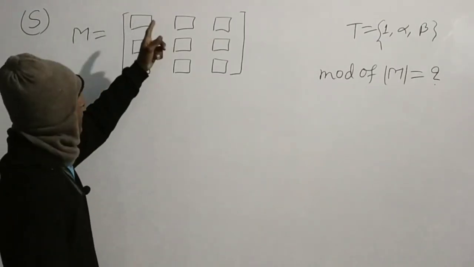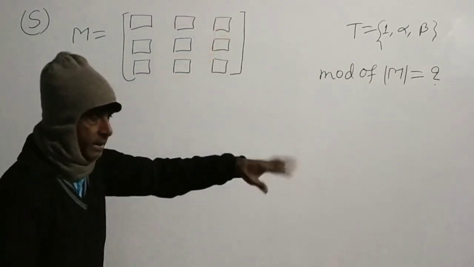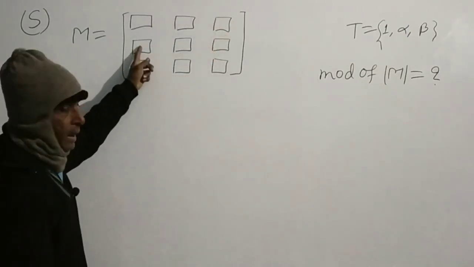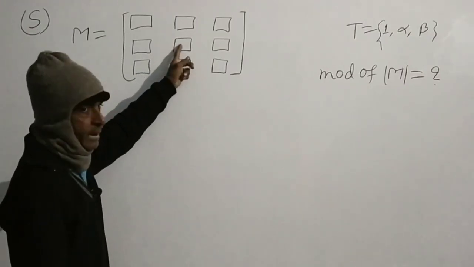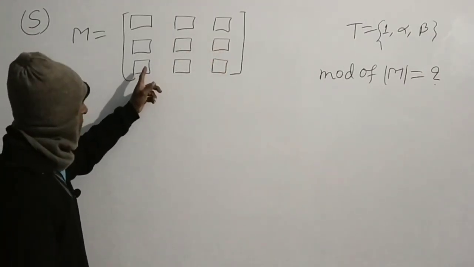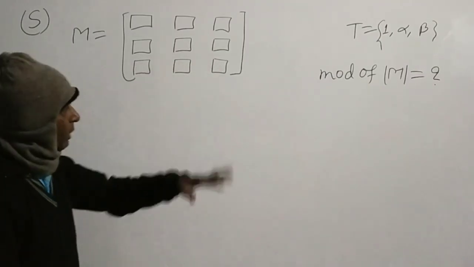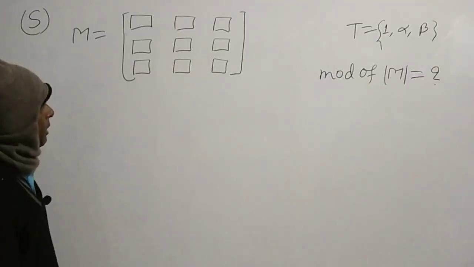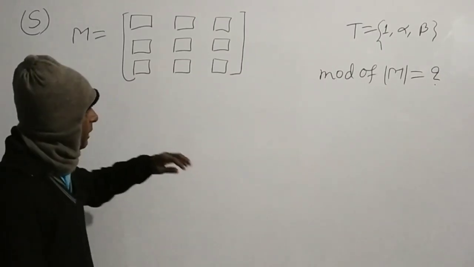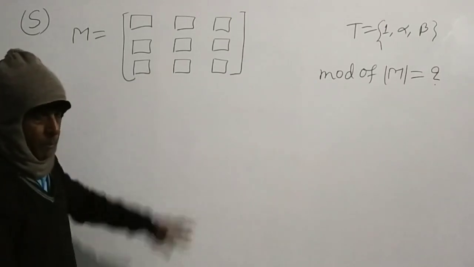That means the elements here plus here plus here is equal to 0. Similarly, this element plus this element plus this element is equal to 0. There can be many such matrices M.